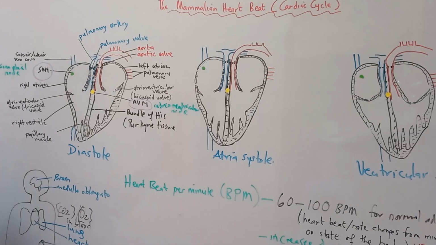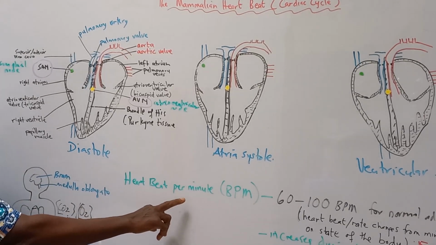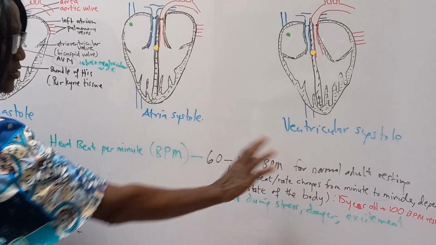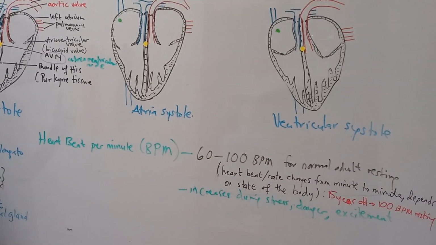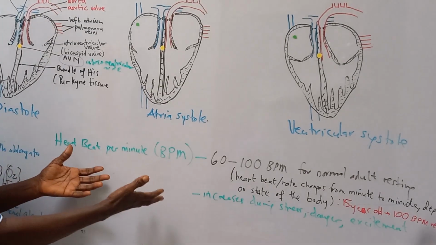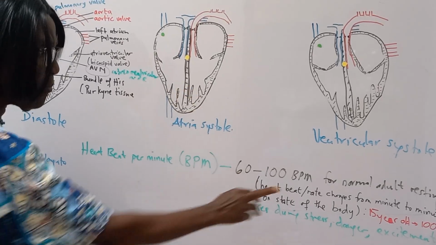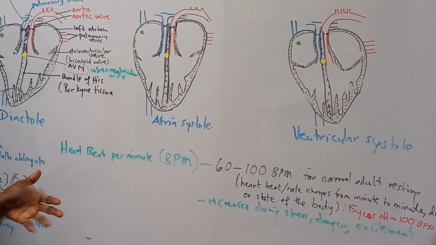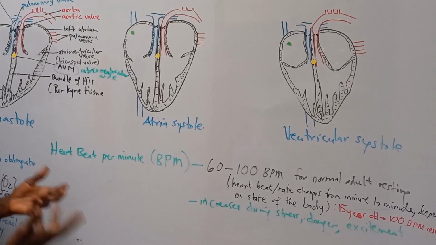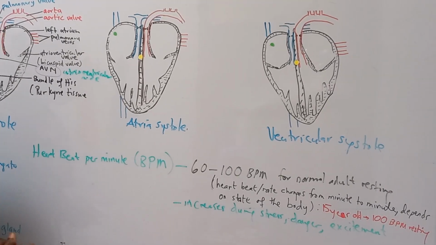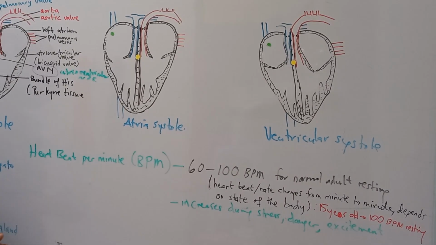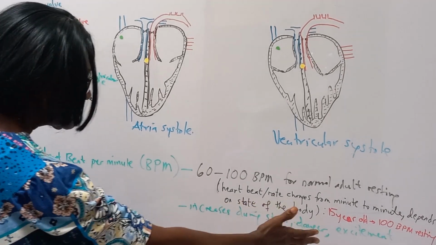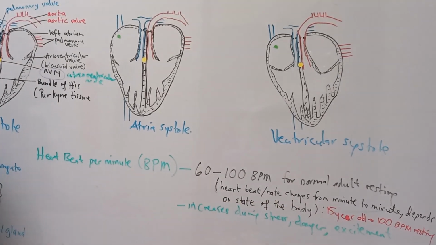Now, the mammalian heart beats between 60 to 100 beats every minute in a resting adult. So that is the heart rate for a normal resting adult. The heart rate changes depending upon the state of the body. If the body is active, or goes under stress, danger or excitement, the rate increases.